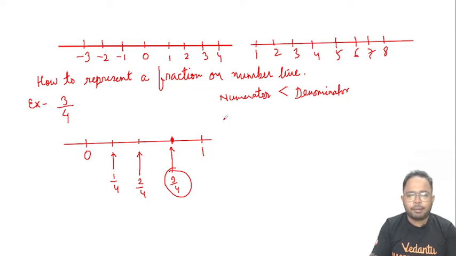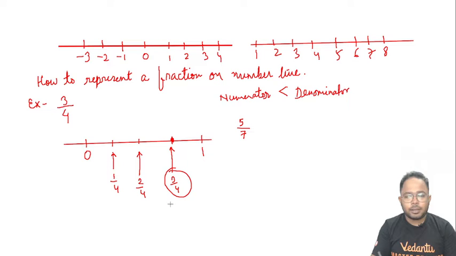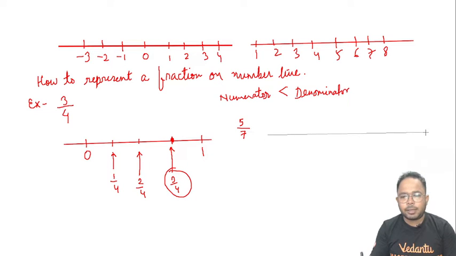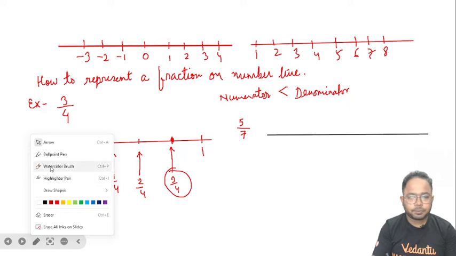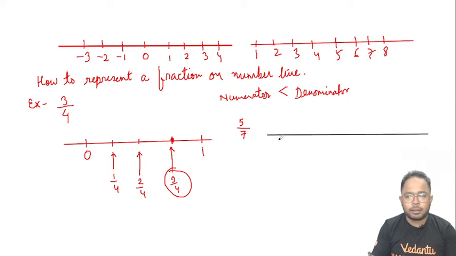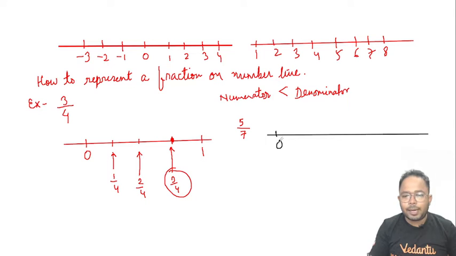Let's say I am talking about 5 by 7. First of all, I will make a number line. Everything will be very, very clear, students. Then, as we can see, the numerator is smaller than the denominator, so it will lie between 0 and 1.